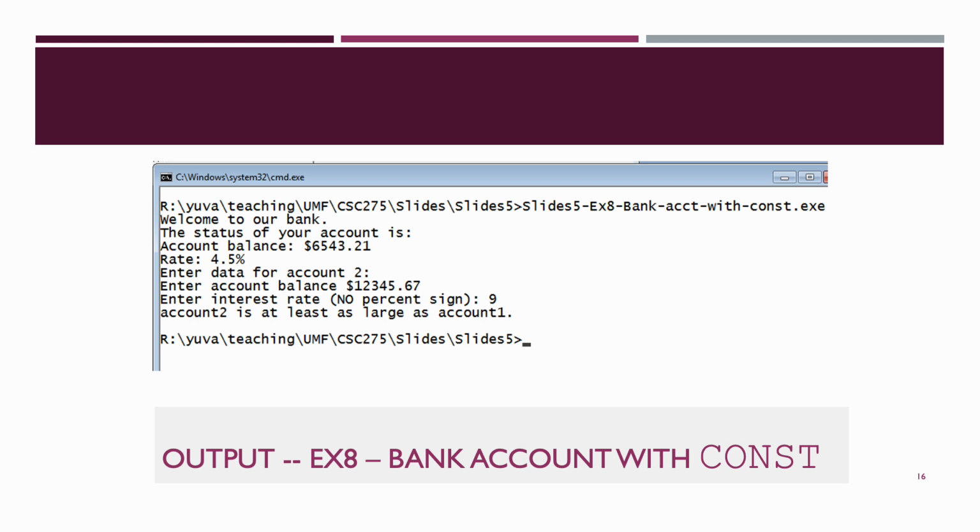Then it will compare both of these, and it will say account 2 is at least as large as account 1. So it will just do the comparison with the interest rate. So that is the output of the whole code.